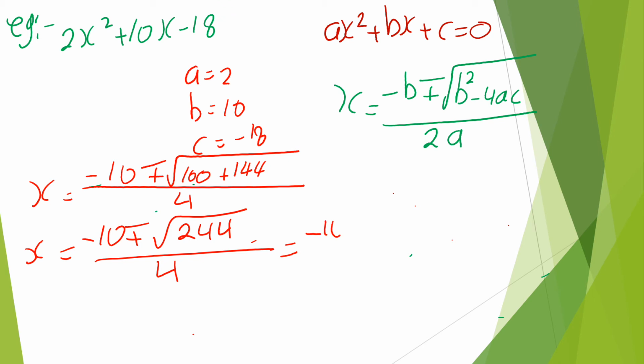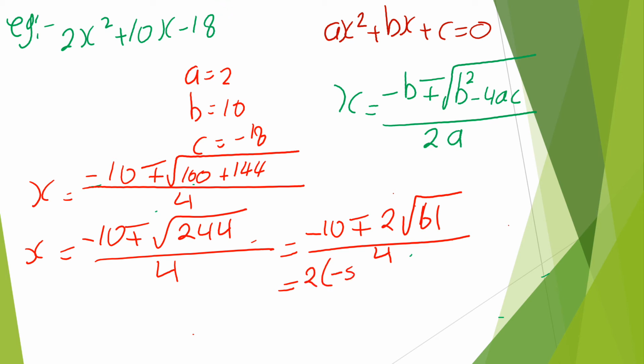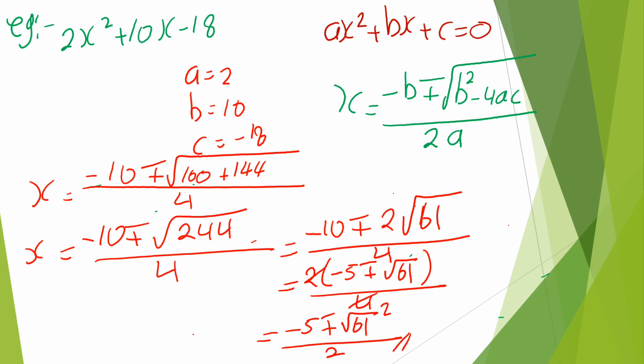So you either write your answer like this, and then you take the 2 as a common factor, simplify, and your final answer is this. Or you can use your calculator and find the square root of 244.